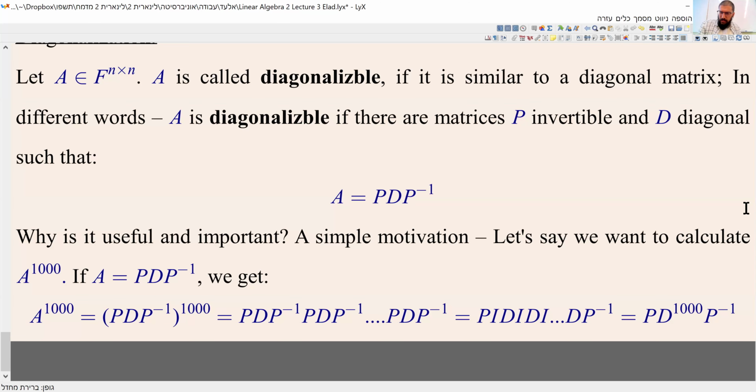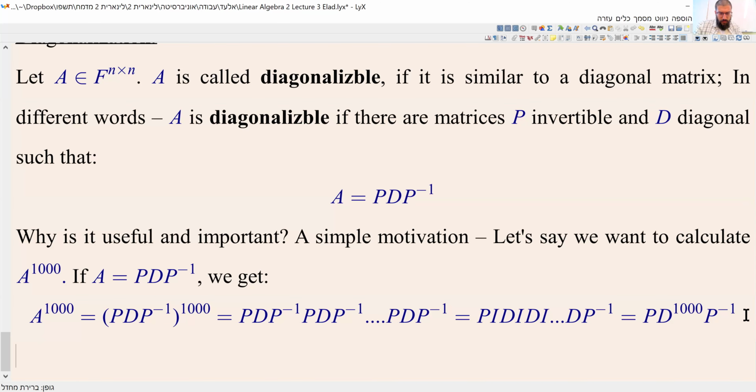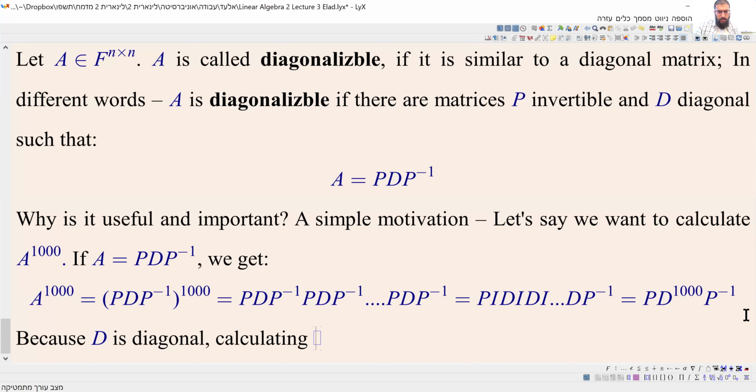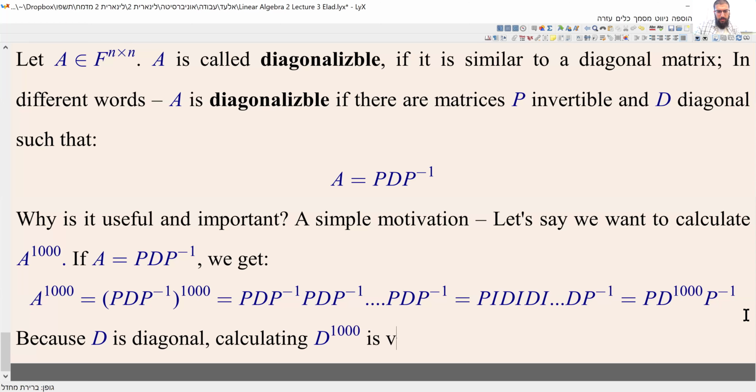Okay, so as I started to say, because D is diagonal, calculating D to the power of 1,000 is very easy.